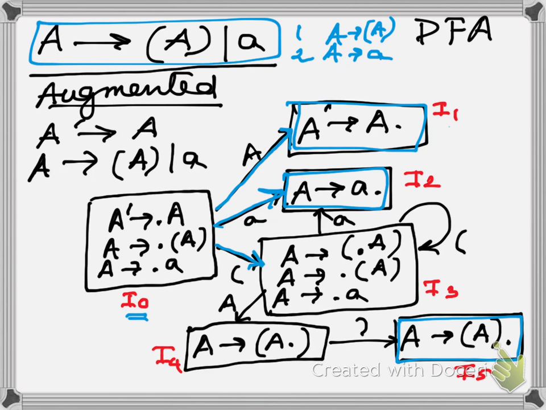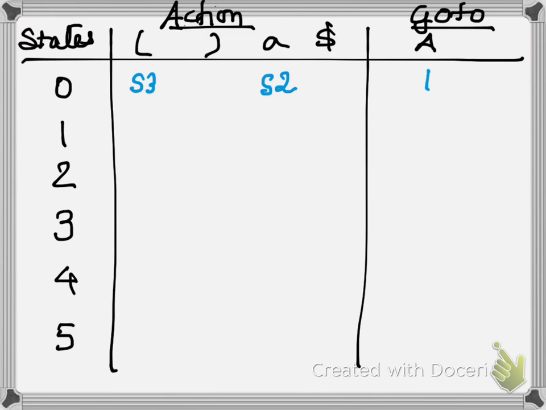Remember this is bottom-up parsing, so you stop when you reach the start symbol. Then you have to accept, when you get the end of the input. So 1 on dollar will be accept. Let me write ACC. Don't be confused with the A symbol here.